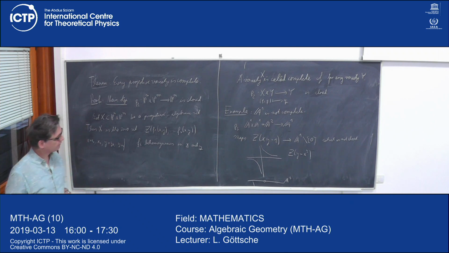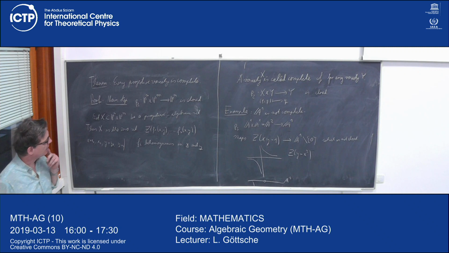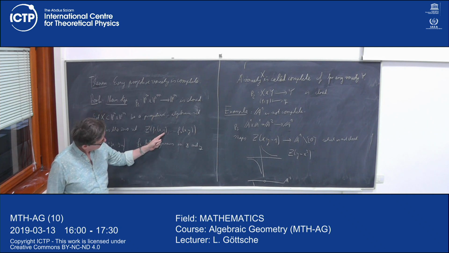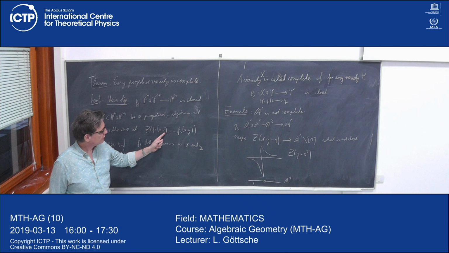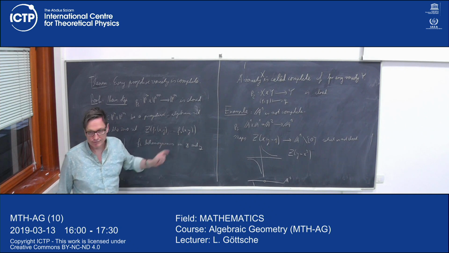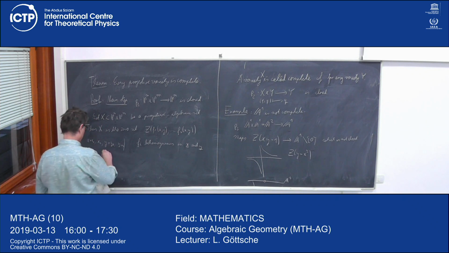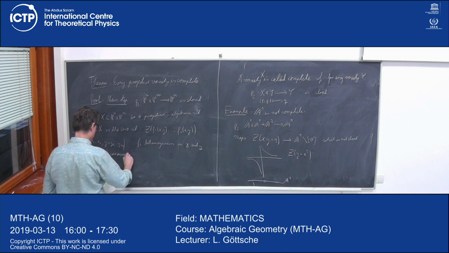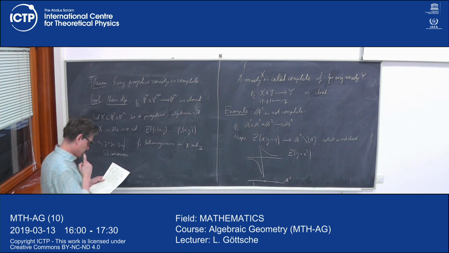Now, to make our life a little bit easier, each of these polynomials has a certain degree in the y variables. It also has a certain degree in the x variables, we don't care about that. But we want to assume that the degree in the y variables is the same for all of them. This is similar to something we did on Monday.